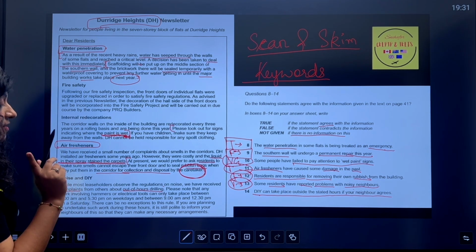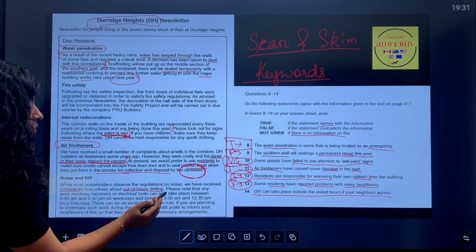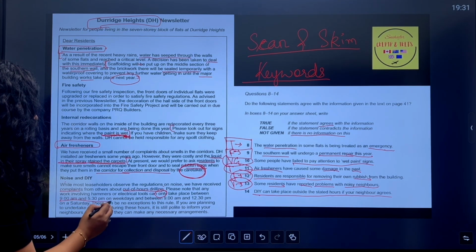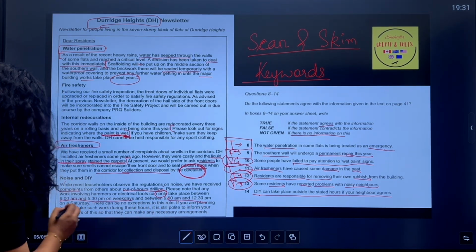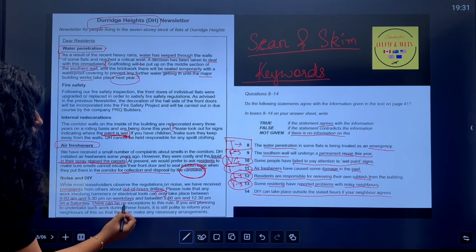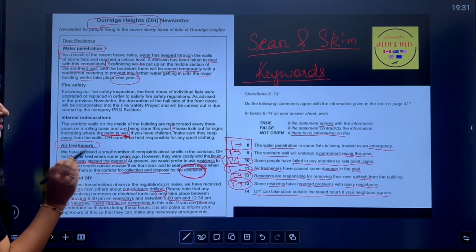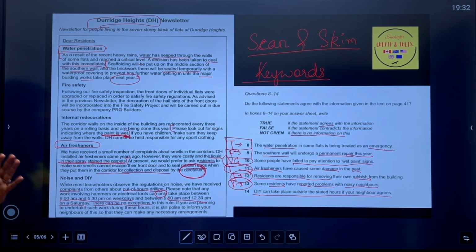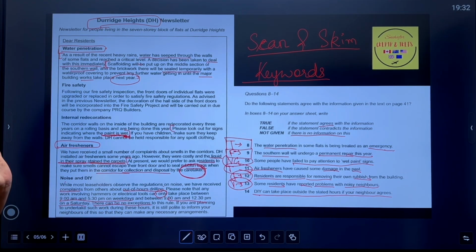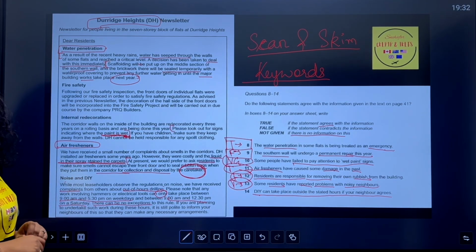That means this work can only be done within these hours. And then again it very clearly says there can be no exceptions. So that means any noisy work outside of these hours is just not possible.